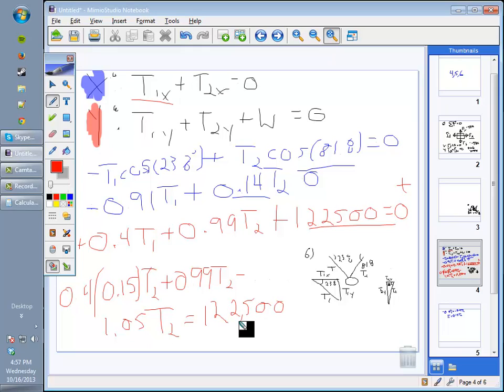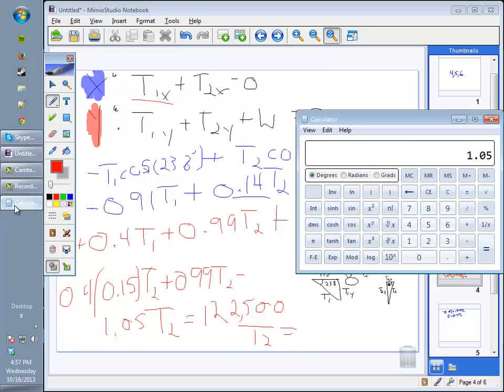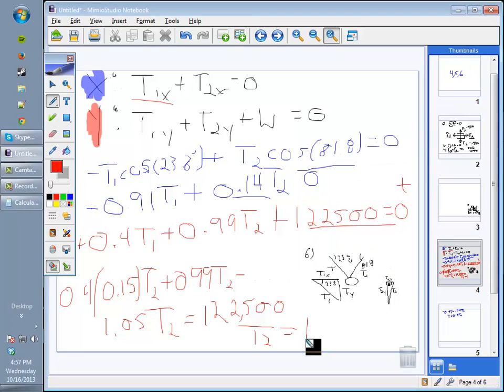22,500. So T2, basically I just divide that out. So T2 is going to be 22,500 divided by 1.05, or 21,428. But remember, I said T1 is really 0.15 T2, right?